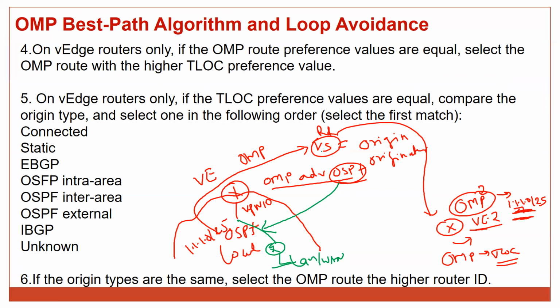So the use case is this: suppose you want to send the OMP updates to this side. Again, what you can do is go to OSPF and redistribute OMP. In this way, you are sending routes from OSPF to OMP, and then from OMP to OSPF. This two-way type of redistribution can happen.